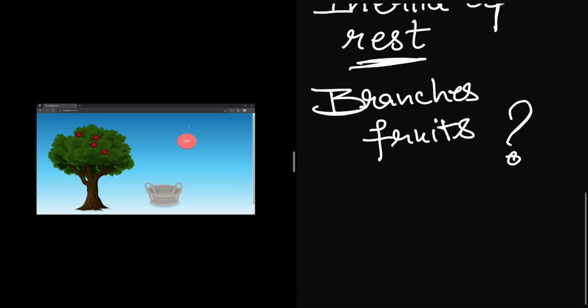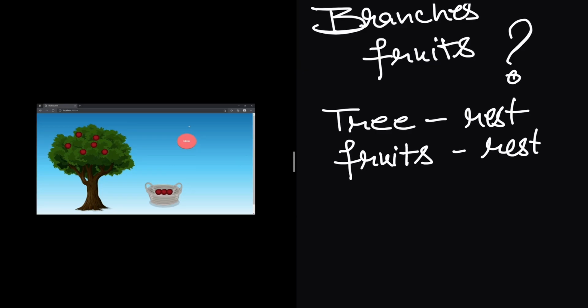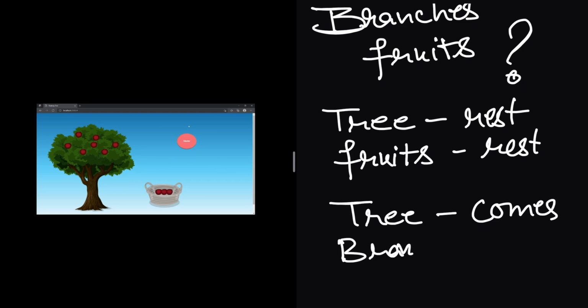The answer is because earlier, what is the situation? The tree is at which position? The tree is at rest, and the fruits are also at which state? Rest. But when we shake the branches, you can see in this video also, the tree comes in motion, and the branches also come in motion.